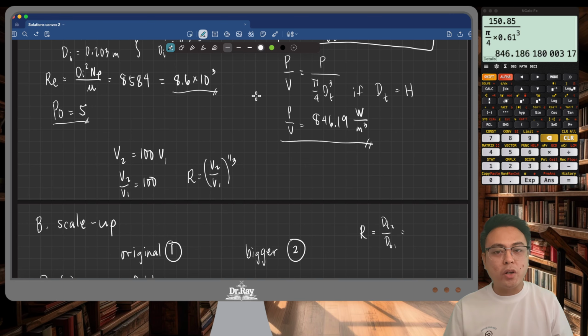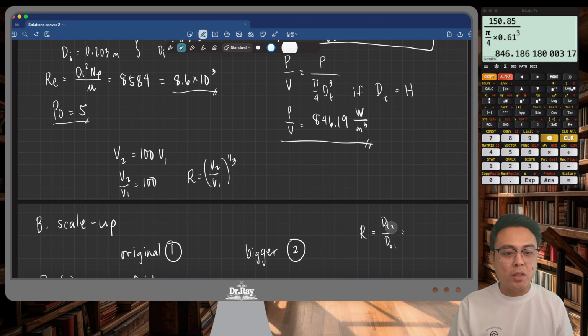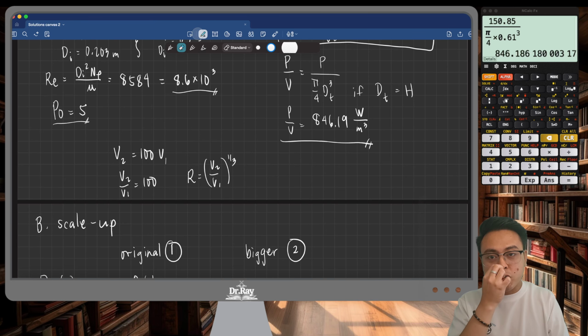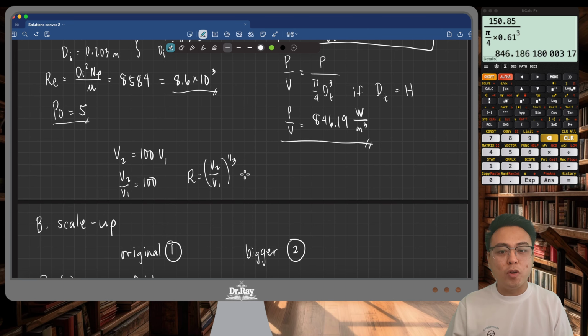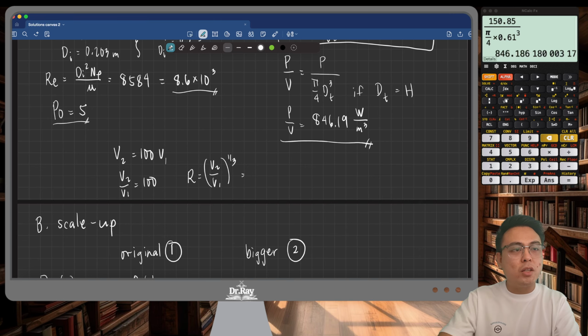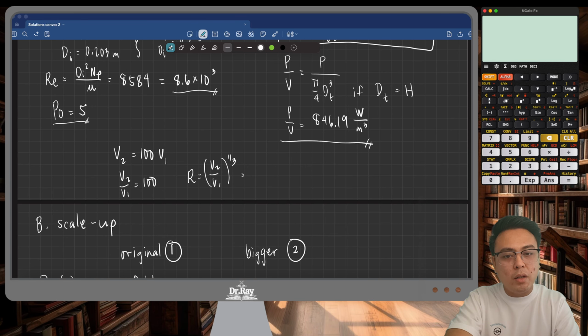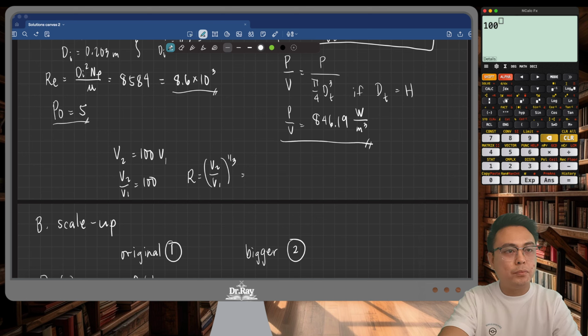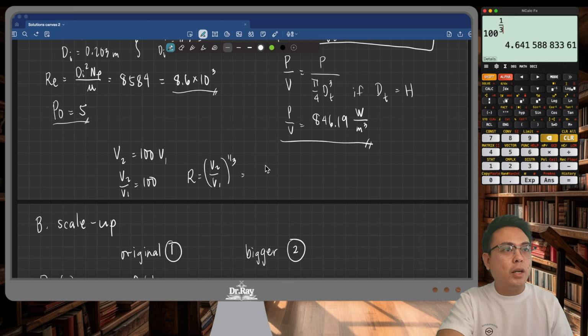So we are not able to use the tank diameter relationship because we're already given a relationship that's directly coming from the tank volumes. Let's calculate this. It's 100 raised to 1/3. And that is 4.64.